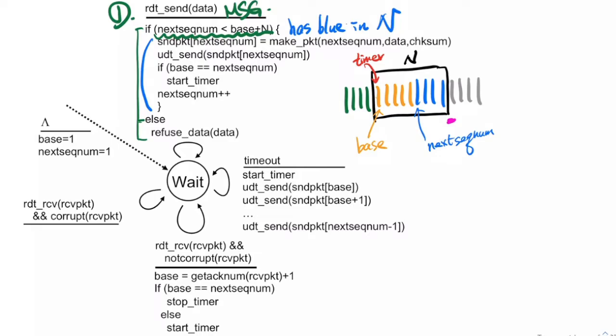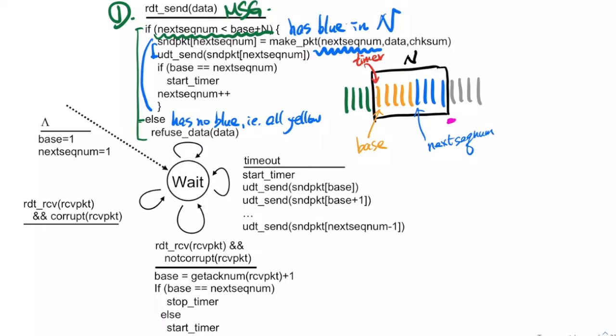The else means there is no blue, that is, all yellow. If all yellow, then we simply refuse the message sent from layer 7, because we don't have enough room to send an additional segment to the internet. If we still have blue segment, then we send the segment pointed to by next sequence number, this pointer.